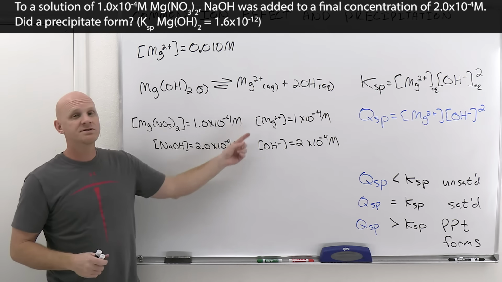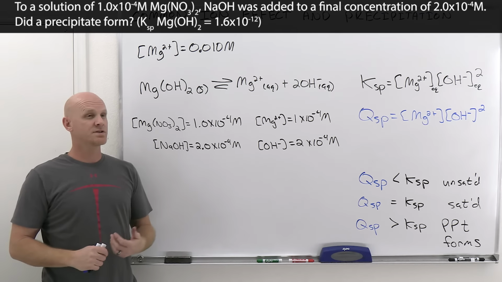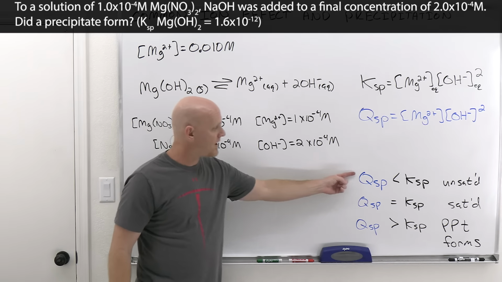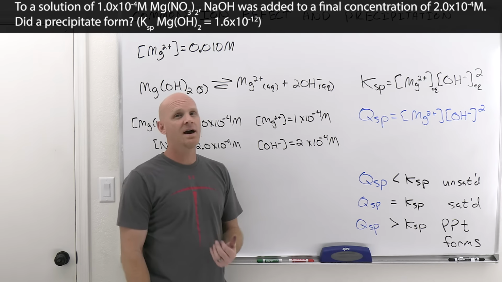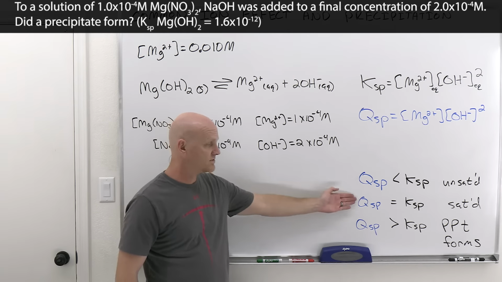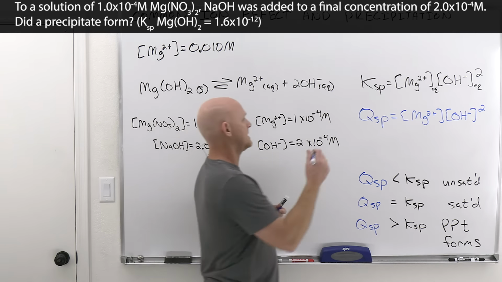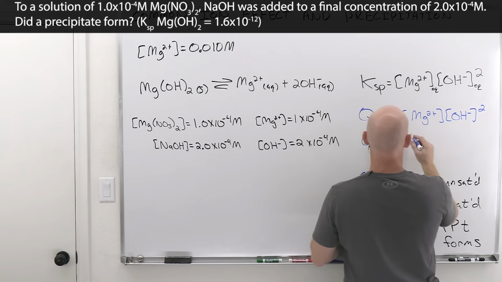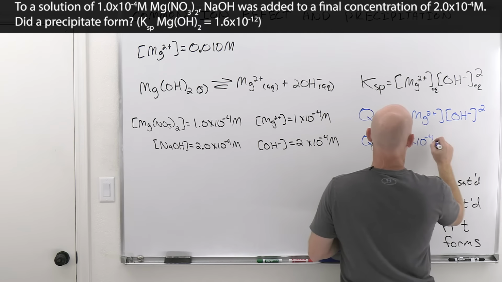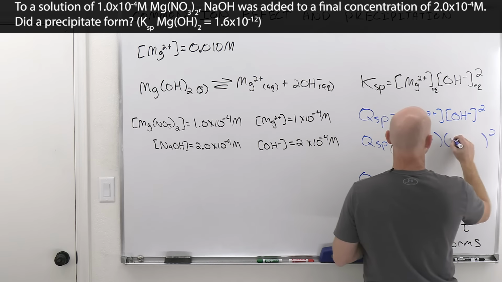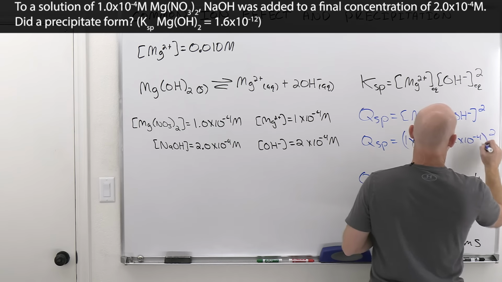And now that I know their concentrations in this solution, what I don't know is, are we at equilibrium? Are we at the maximum? I have no idea. And so I'm actually going to be calculating Q, not K, but then I'll be comparing it to the provided Ksp value to see which of these 3 scenarios we're in. And so in this case, the Qsp equals the magnesium concentration, 1 times 10 to the negative 4, times the hydroxide concentration squared, and the hydroxide concentration is 2 times 10 to the negative 4.